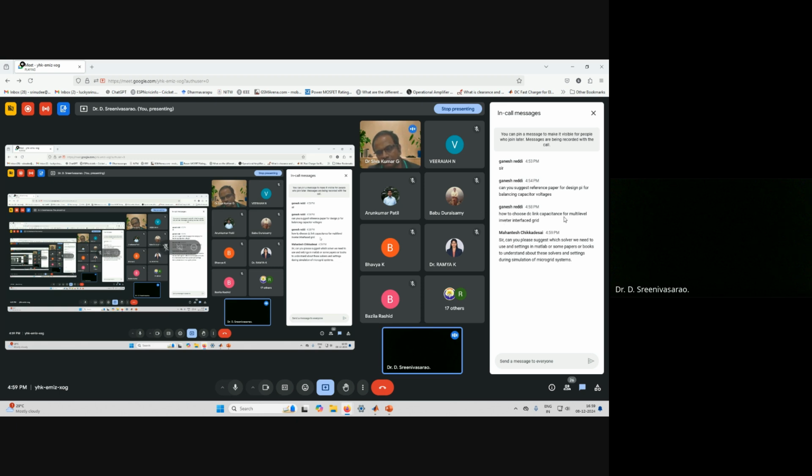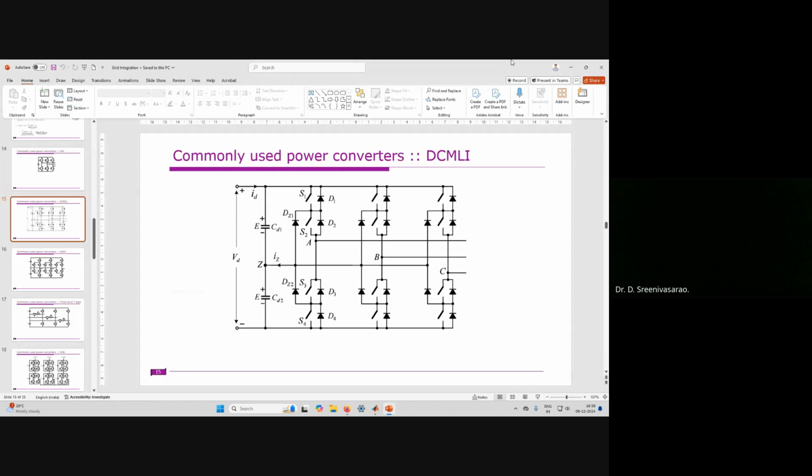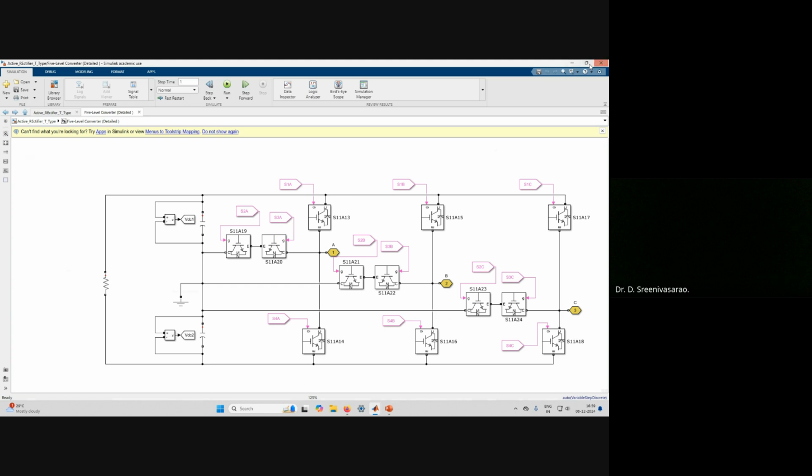And how to choose the DC link capacitor for a multi-level inverter. This DC link design is one of the complex things. It is based on the unit capacitance constant (UCC). Based on how much you need to control, we select the DC link capacitors.